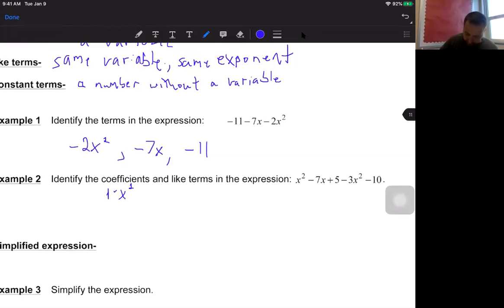The other one we have is a -7 that's in front of our x. The other one we have is a -3 that's in front of our x squared. So all on this left side, our coefficients are a 1, a -7, and a -3.